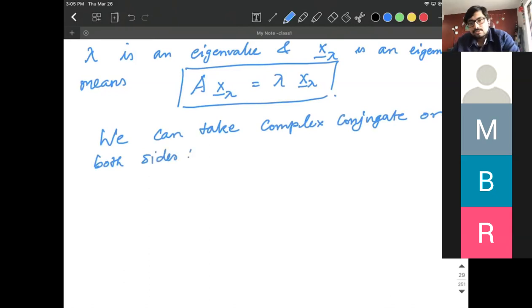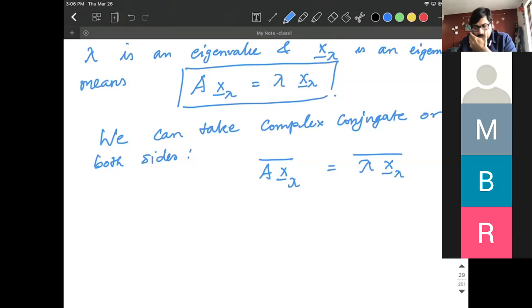Treat both of them as matrices and take the complex conjugate. So which means that the conjugate of A x is lambda bar, so this is the complex conjugate, is lambda x lambda bar.